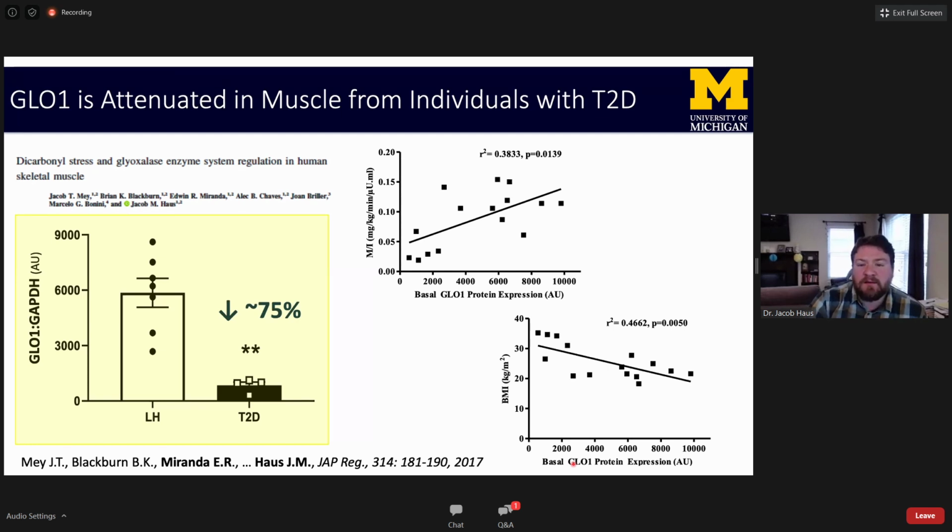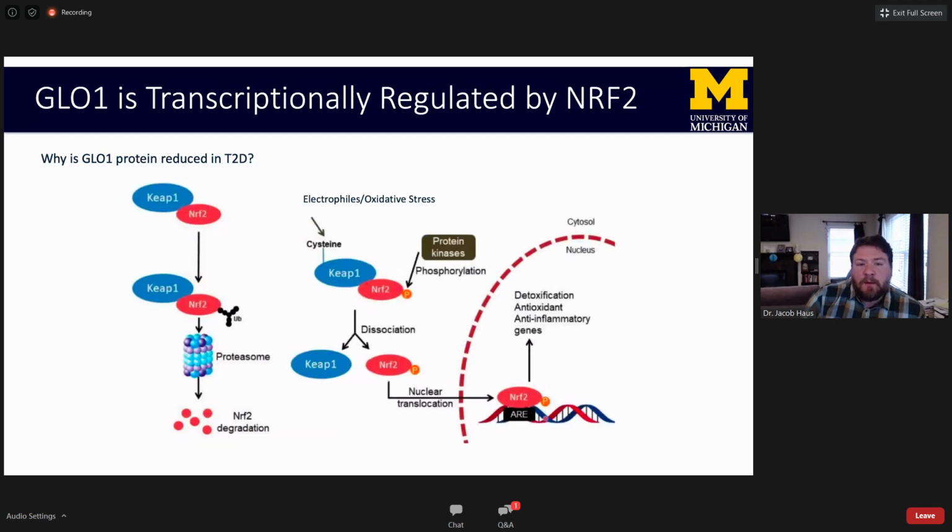So we wanted to understand the mechanism of why GLO1 protein is reduced in type 2 diabetic skeletal muscle. We thought, okay, GLO1 protein is down, so we first have to look at the transcriptional regulation. How is GLO1 transcriptionally regulated?